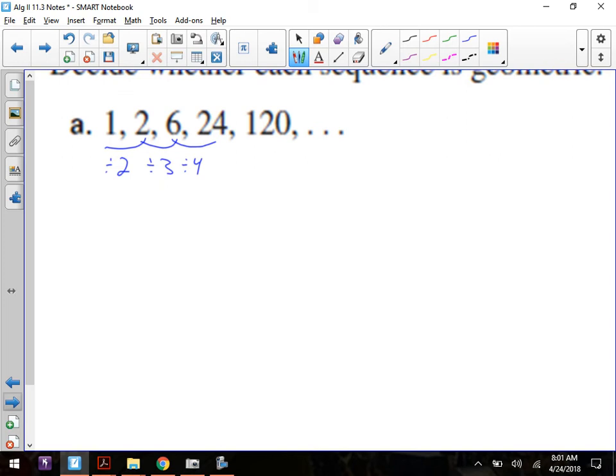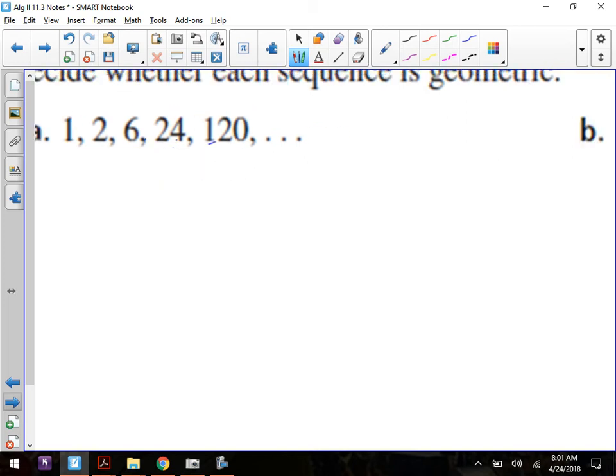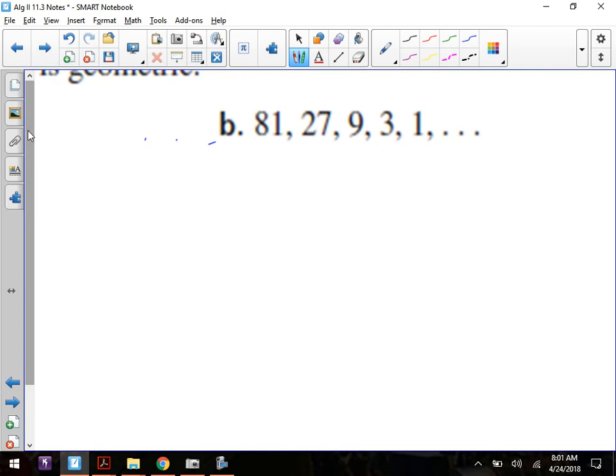Whereas if I look at one that is, in fact, geometric, divide by 3, right? So you've got 81, 27, 9, 3, 1. You can do this as times 1/3, times 1/3, times 1/3, or divide by 3, divide by 3, divide by 3. I would suggest use the fraction.